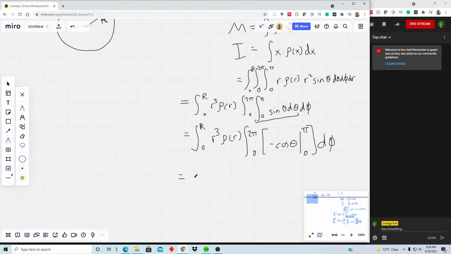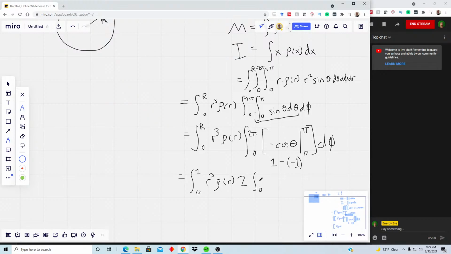Well, cosine of pi is -1, so -1 times -1 is 1. So we get 1, and then minus cosine of 0 is equal to 1. And so we get, and this minus contributing here is -1, so we get 1 minus minus 1, which is 2. That's how I knew that was a 2. Okay, and we can move this 2 out.